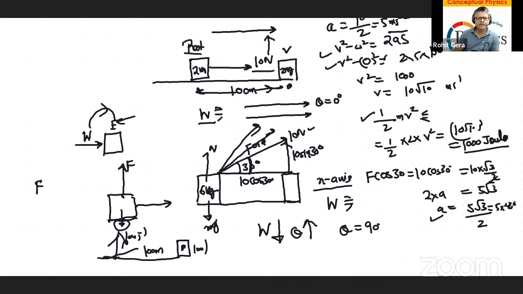The force, which is the normal reaction acting on the block, and the displacement of the block are at 90 degrees. What we will say is that the work done by this force is zero.